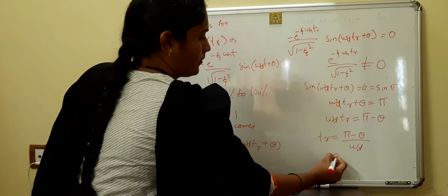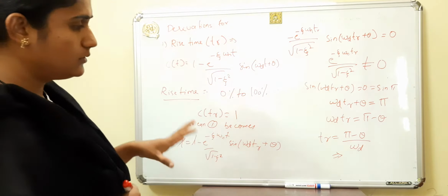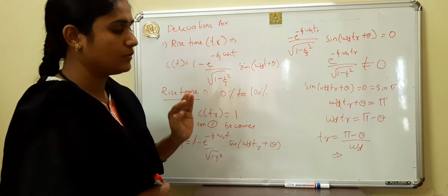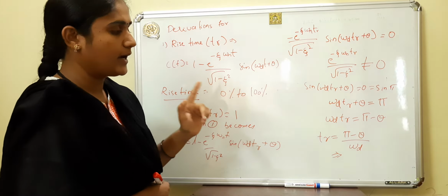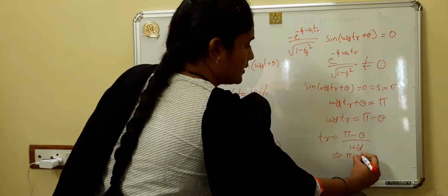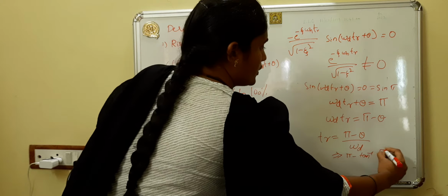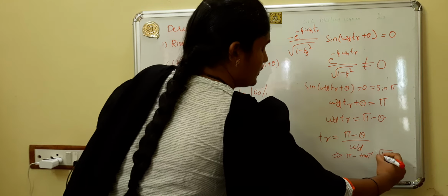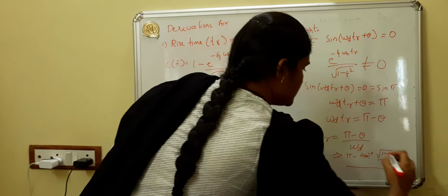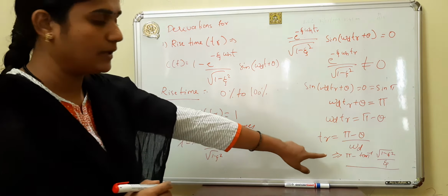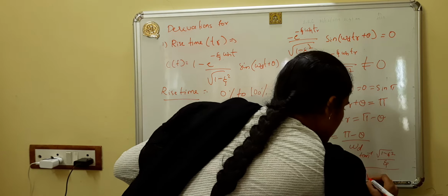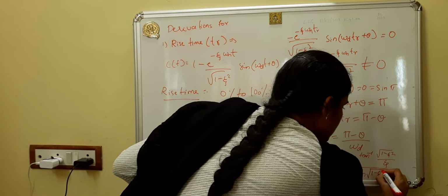Previously we had a relationship between zeta and theta: theta equals tan inverse of square root of 1 minus zeta square divided by zeta. The damped frequency can be expressed in terms of omega n: omega d equals omega n square root of 1 minus zeta square.